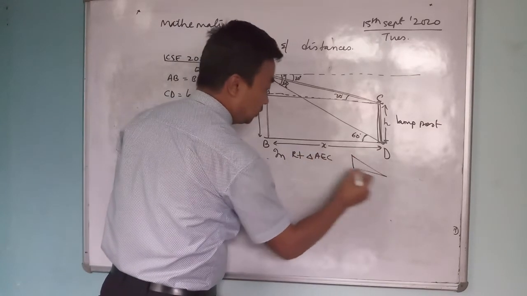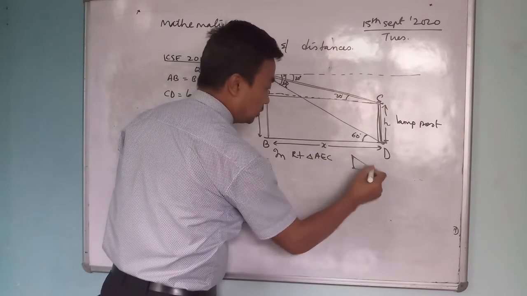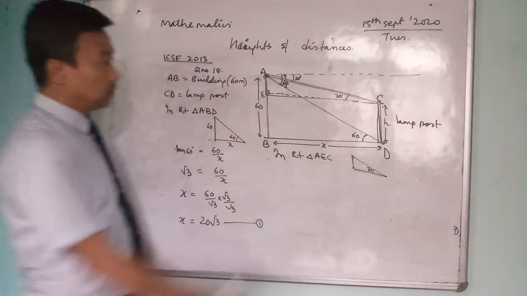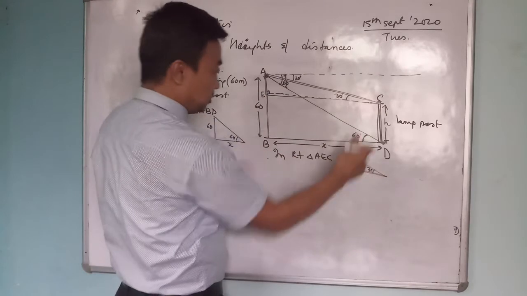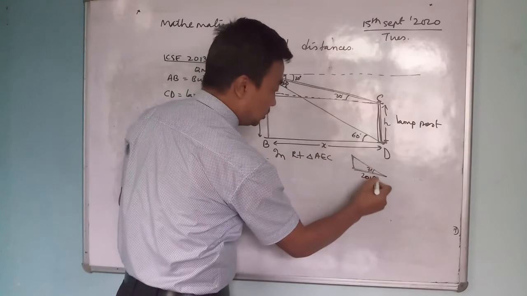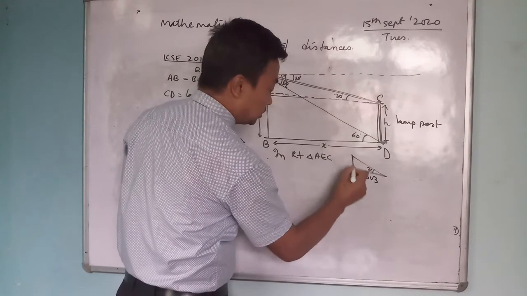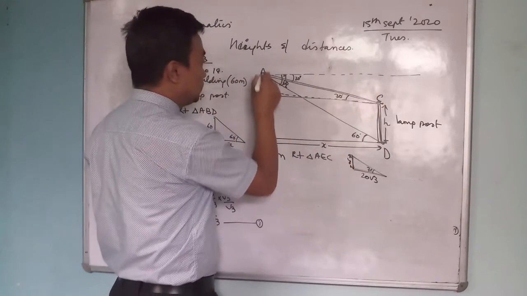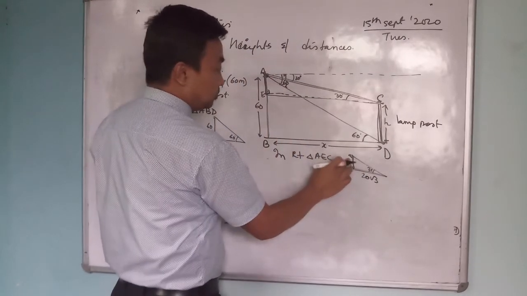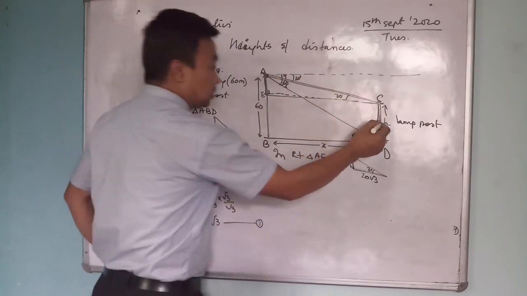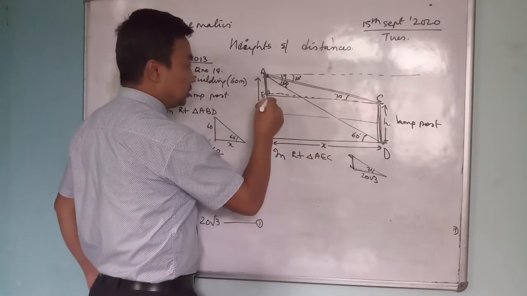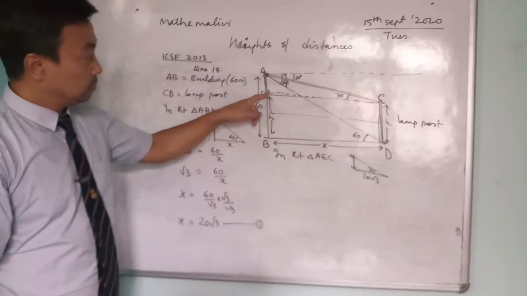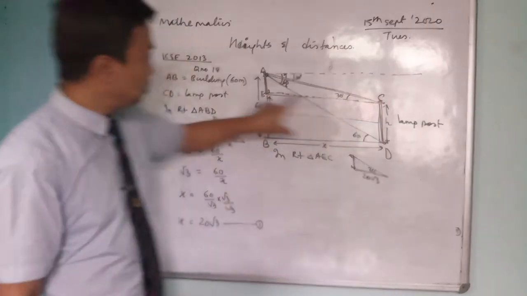If I draw this roughly 30 degree, this base we have just found out, because these two horizontal distances will be the same. So how much is it? 20 root 3. And this distance, from here to here, is h. Yes or no? Because this is the height of the lamp post.